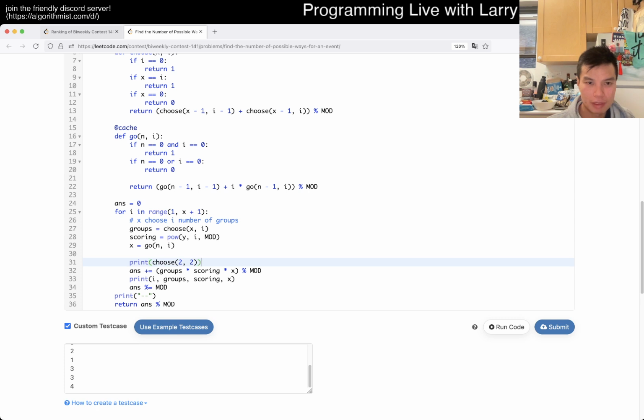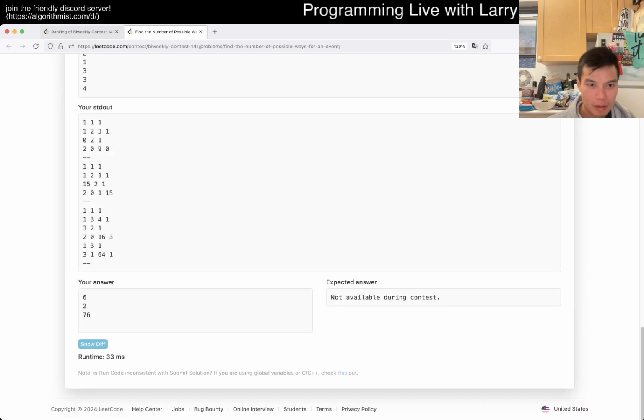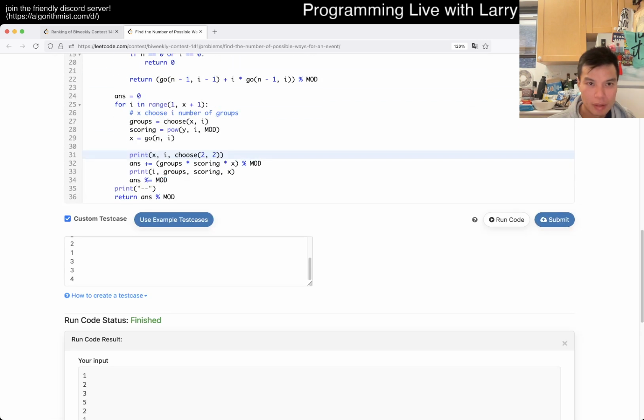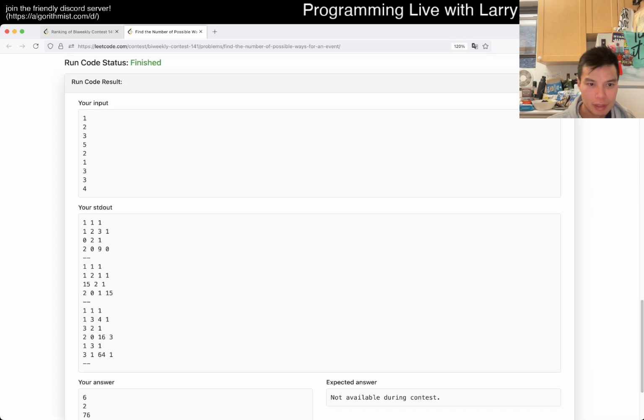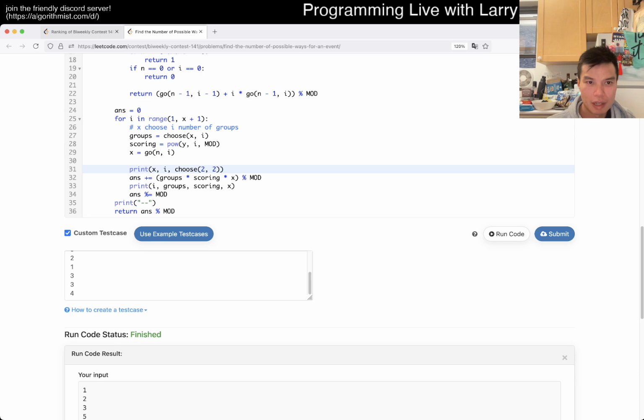Am I printing the right thing? Am I reusing I somewhere? X is 15. Oh, because I'm using X here. So I'm... What?